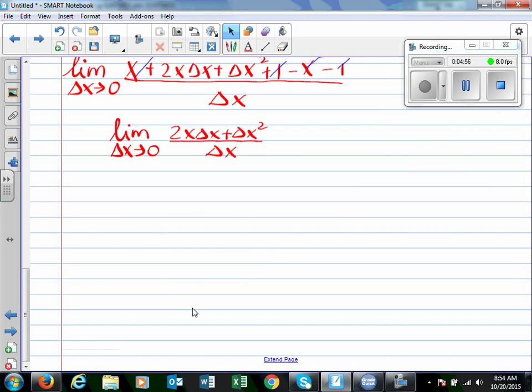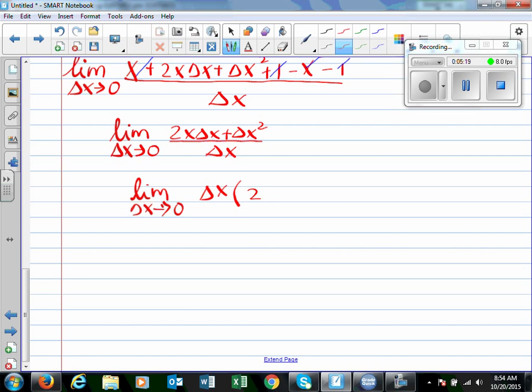Correct. You can factor out the delta x. So you see this? Limit delta x approaching 0. Let's factor out the delta x. What will I be left with in the numerator? I'm factoring a delta x because there is one here, and there's a square. 2x plus delta x, divided by delta x.